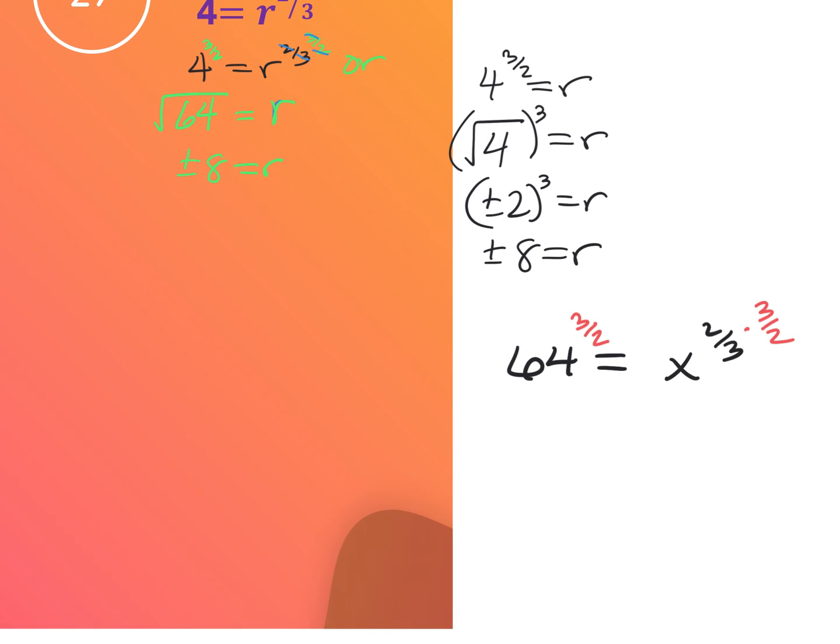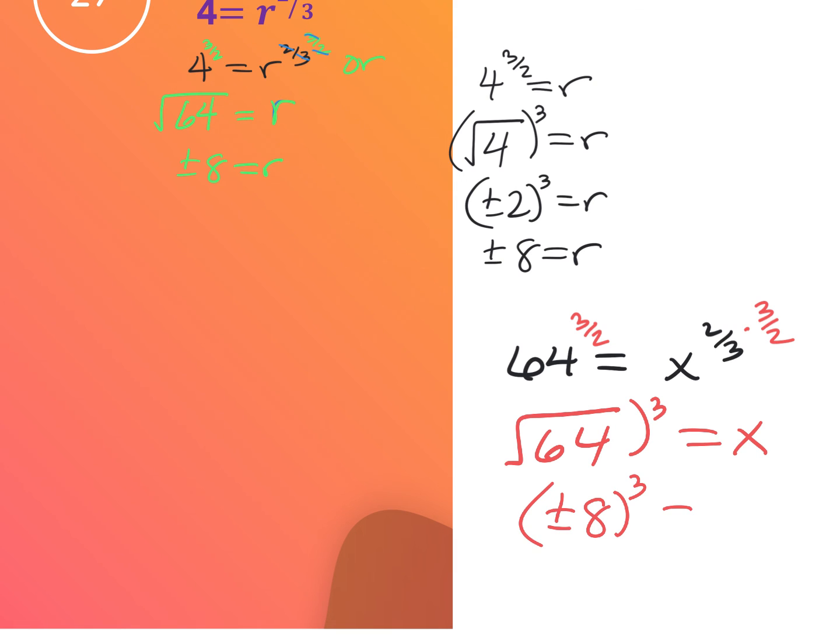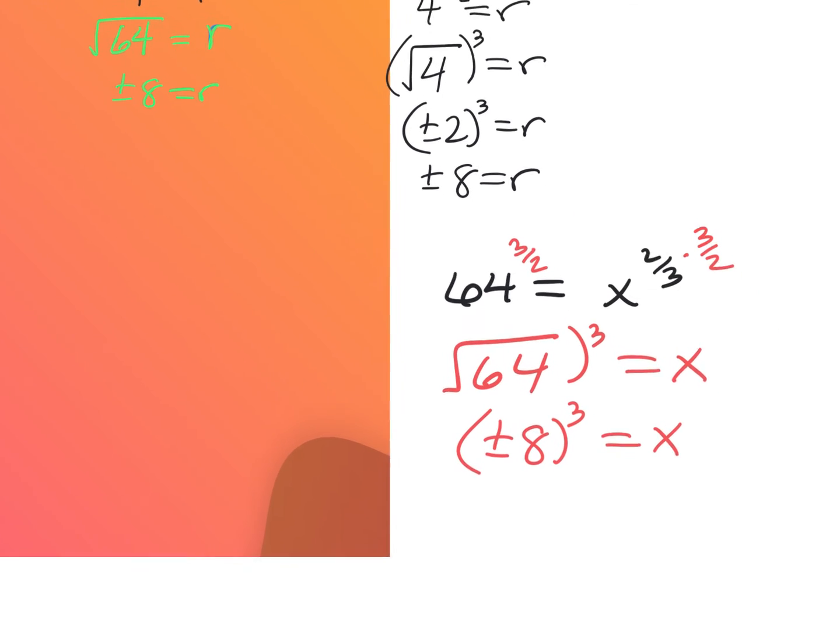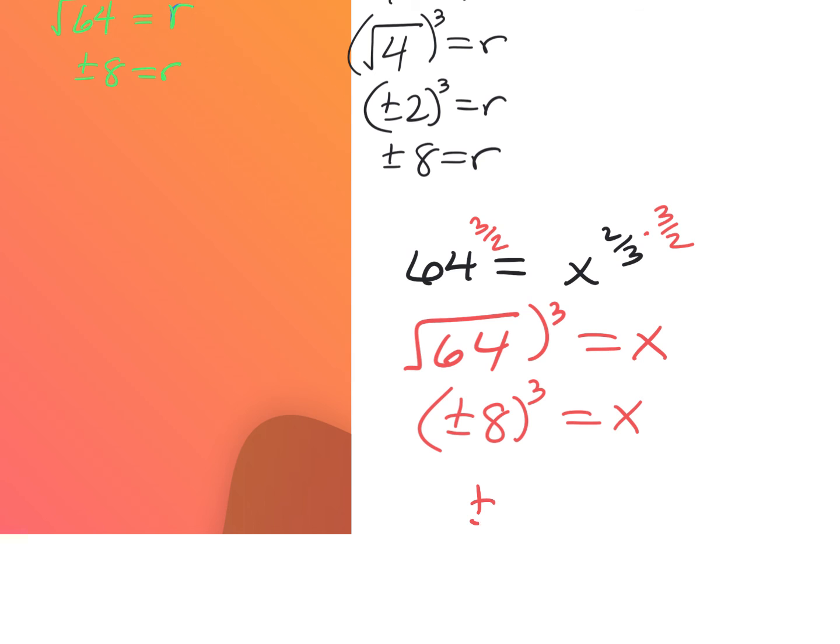So for example, if I square root 64 first and then cube that answer, that'll be more reasonable. This would give me plus and minus 8, and then I cube that. It's still big, because I got to do 8 times 8 is 64, times 8 again, and it's 512. So if you can square root it first, do that, and then do the exponent second.